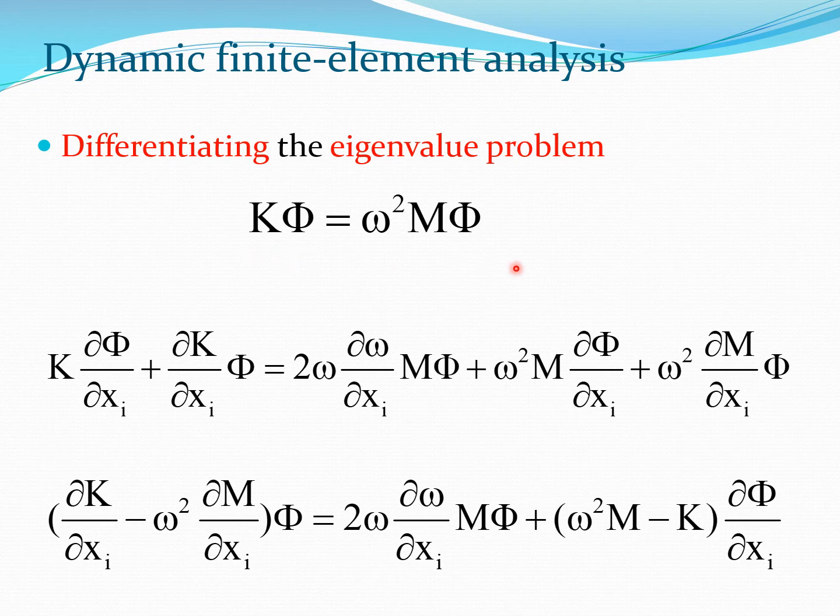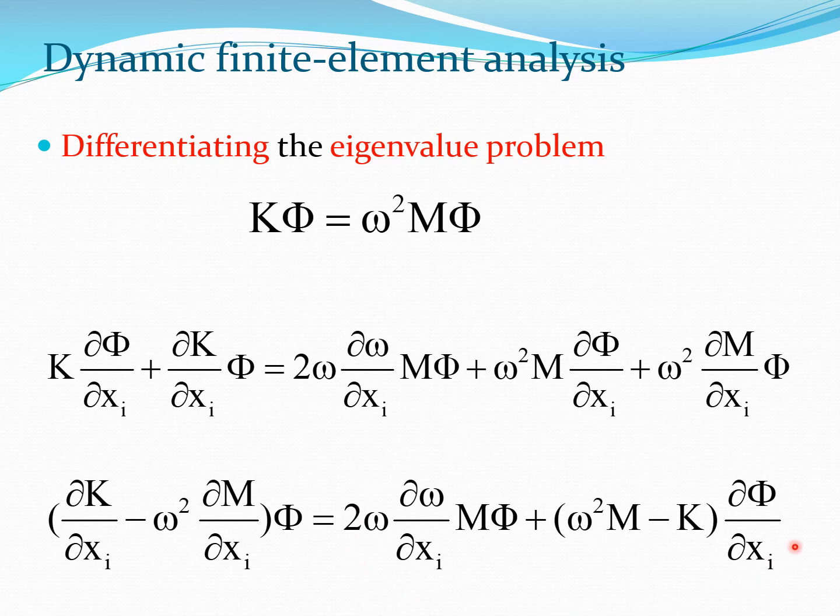So what we do, we differentiate this particular equation, so we get this equation here. So you can see I am differentiating each term here using the chain rule. So k, then the d phi by dxi term, then dk by dxi into phi, same thing I apply here from basic calculus. Now after doing this, we collect the terms involving phi on the left hand side and the remaining terms on the right hand side.